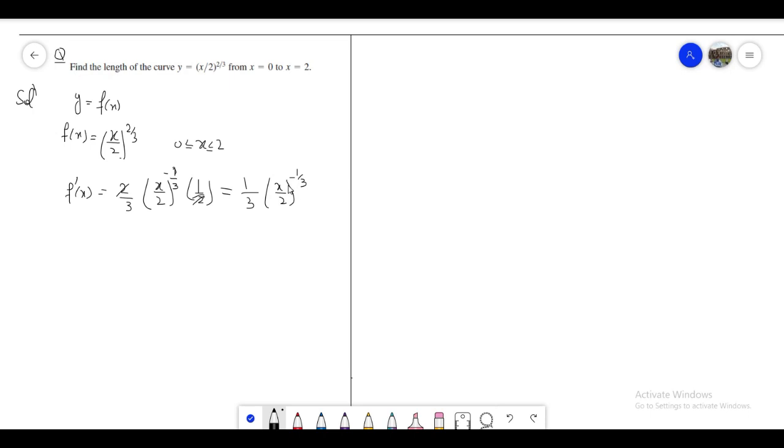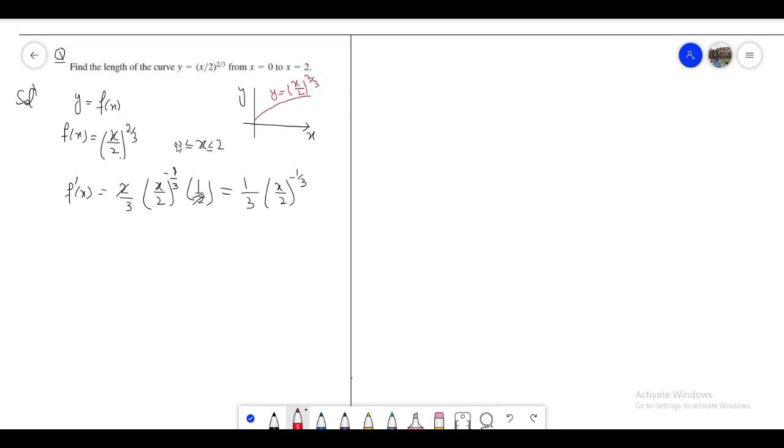And the graph of this function, I can plot here. This is the x and this is the y. This starts from 0 to 2. So this is the graph of the function y is equal to (x/2) to the power of 2/3.